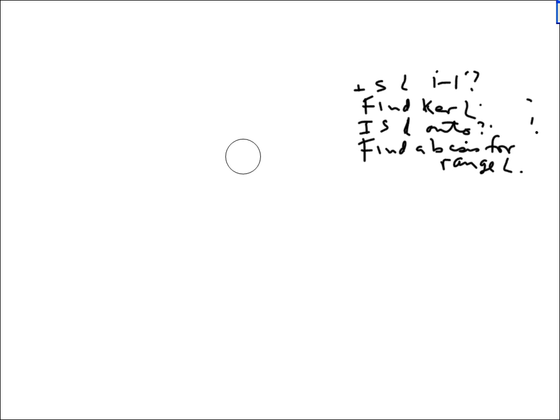Now, I do want to say something about the last problem, about how to find the range. What you could have done was, you could have taken the matrix A. Remember, L of x was A times x, where A was 1, 0, 1, 2, 1, 1, 2, 1, 3.